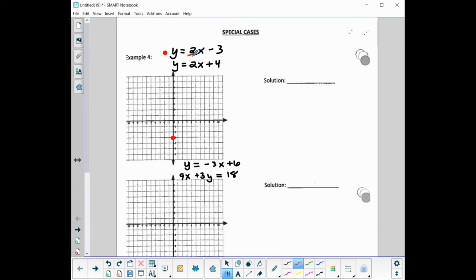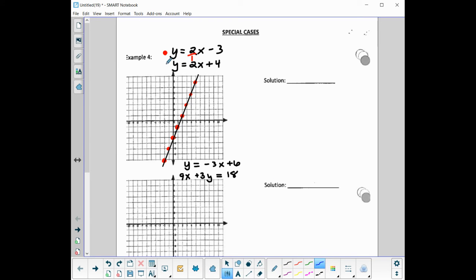And my slope is really 2 over 1. So I'm going to go up 2 and over 1, and I'm going to continue that pattern, plotting as many points as I can. And I'm also going to work backwards, down 2, back 1. So this is the graph of my first equation.